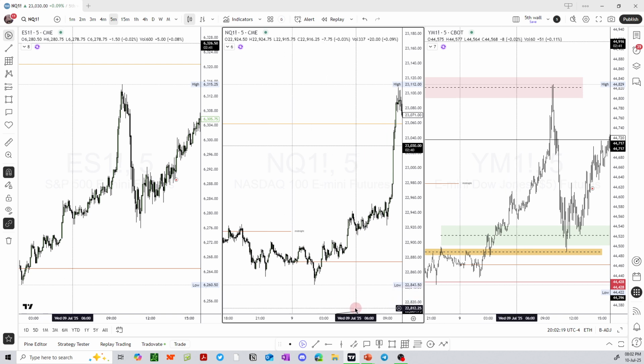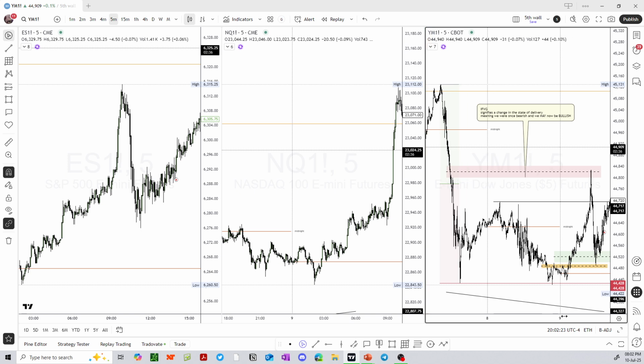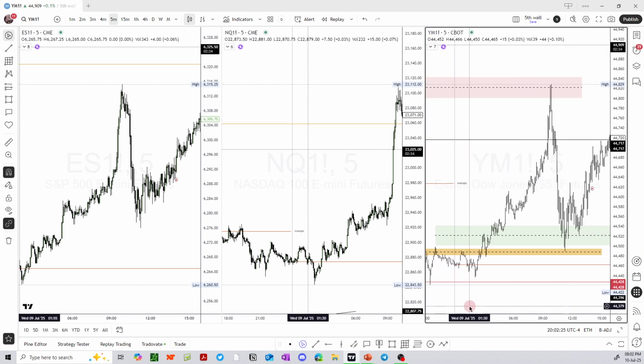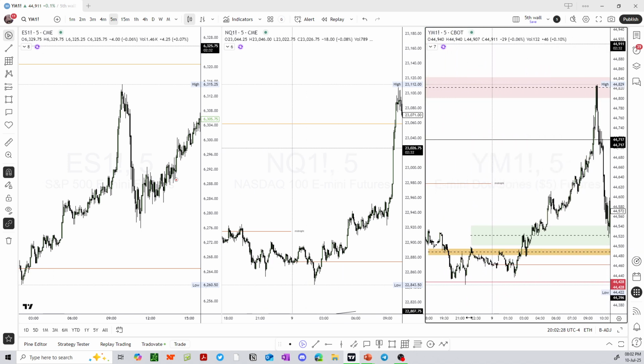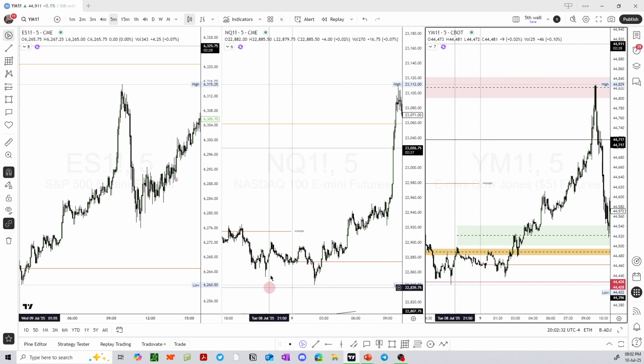There's your divergence over here, right? Run on stops. Run on stops.